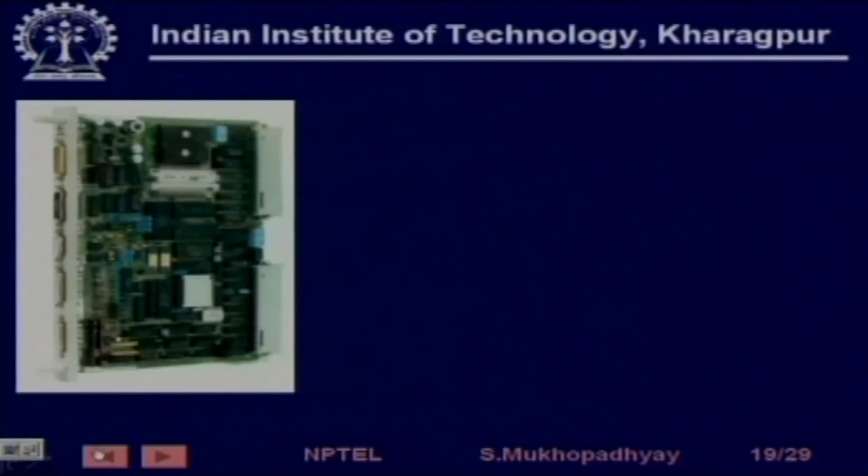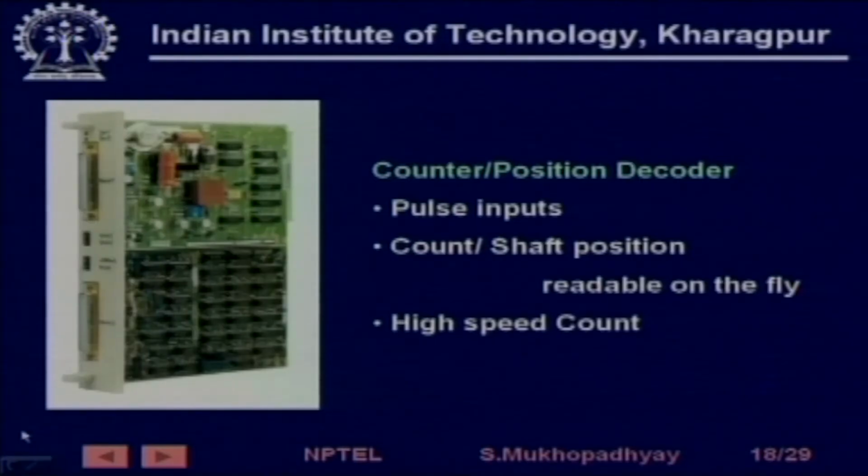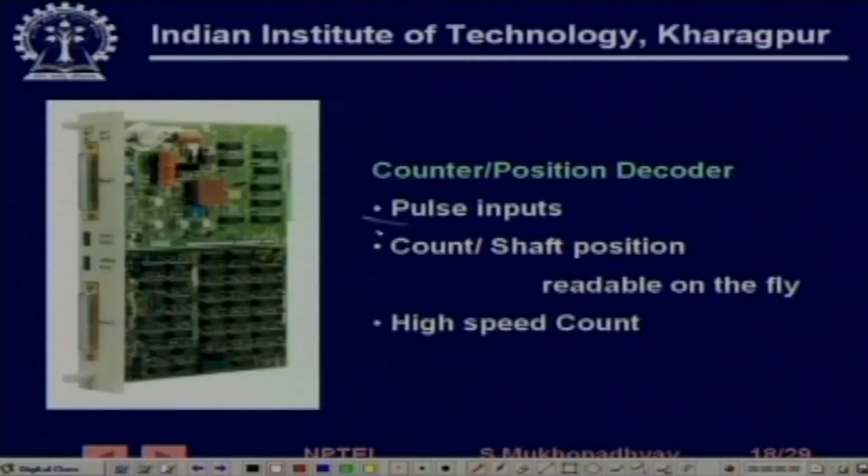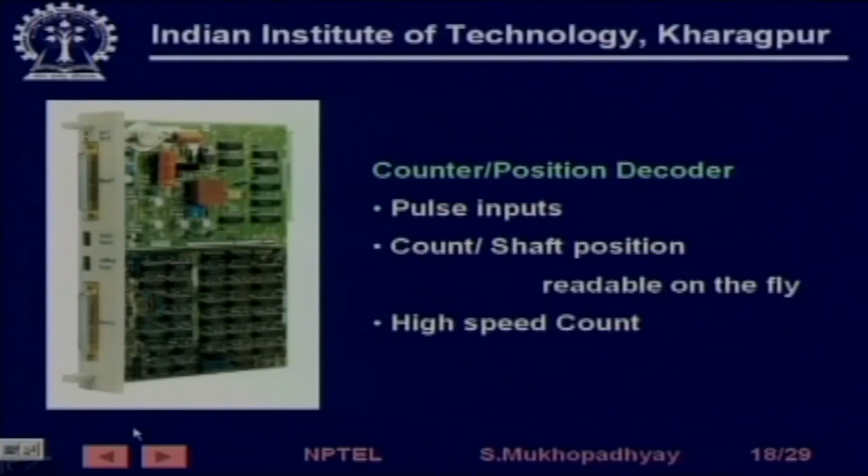So, some of these can be used either as a counter or as a position decoder. You have pulse inputs; you can count or you can read shaft position, and both will be readable on the fly, as we said, and at high speed. This is just to give you a feel of the PLC system.